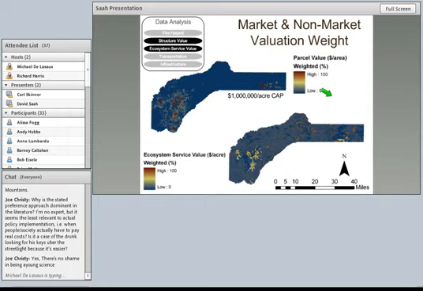If your property value was more than $1 million an acre, that became the 100%, and you went down from there. I think for ecosystem services, the max cap was $4,000 per acre, and that really gave us two weighted surfaces that we could use in our priority scheme.